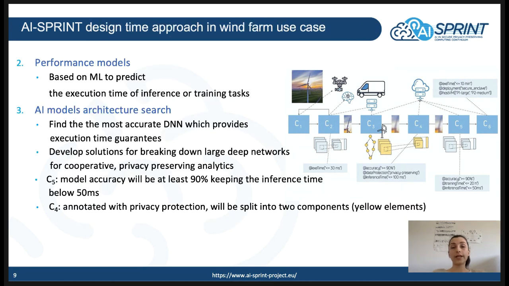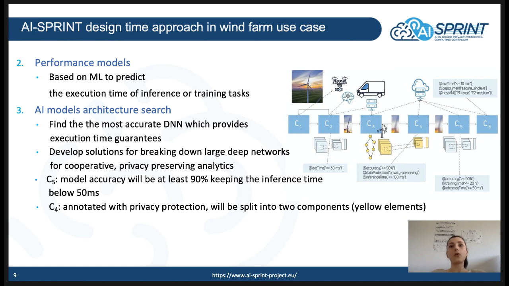AI Sprint will provide also a performance modeling approach based on machine learning to predict the execution time of inference or training tasks of AI models. We develop solutions for architecture search, which means that from a labeled dataset, state-of-the-art methods provide solutions with a higher accuracy, but since we introduce a performance model, we will trade off and introduce constraints on performance, which means execution time guarantee.